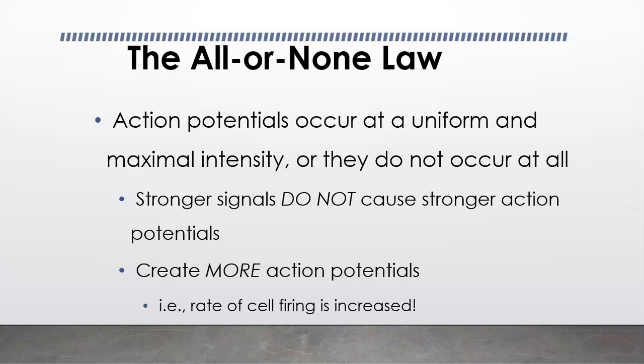You can have maybe a leaky channel, or just a few channels open, and it can cause sodium to come into the cell. But unless we get to the threshold, you're not going to get an action potential. And if we don't have an action potential, it's not going to cause the cascade of potential down the axon.